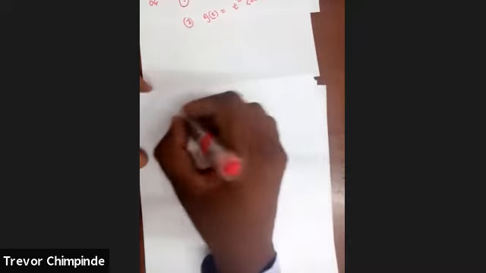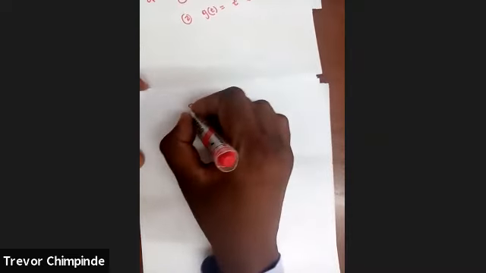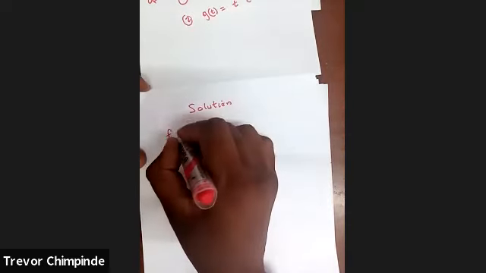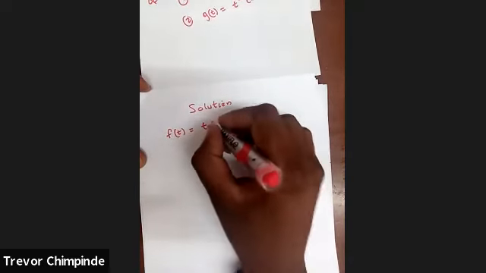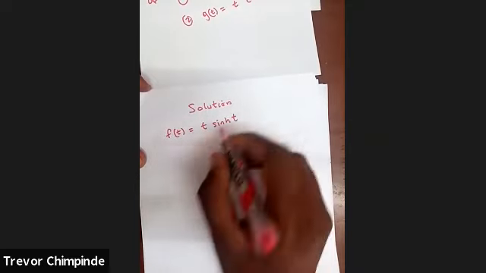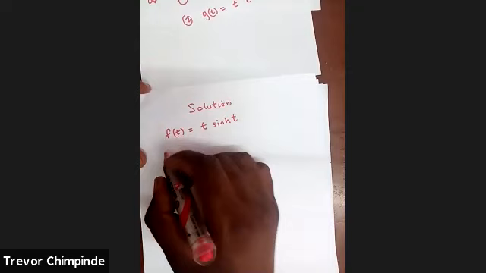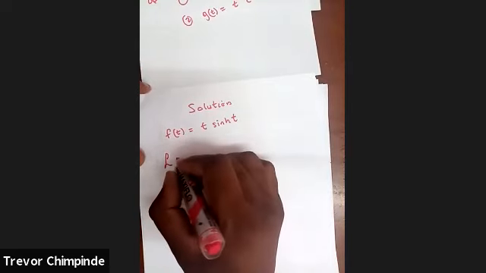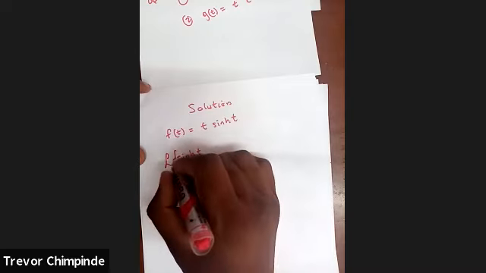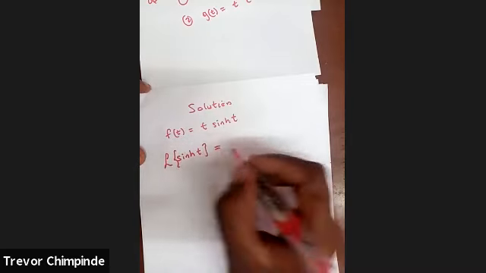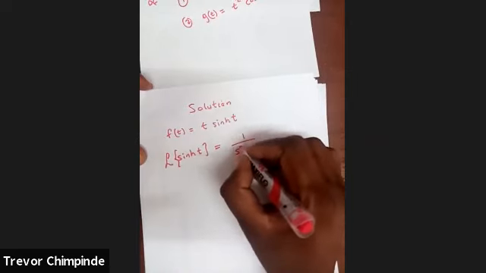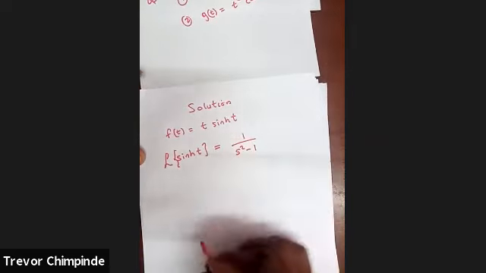So, solution. This is my f of t, hyperbolic sine of t. I need to first check the Laplace of this. The Laplace transform of the hyperbolic sine of t is equal to 1 over s squared minus 1.